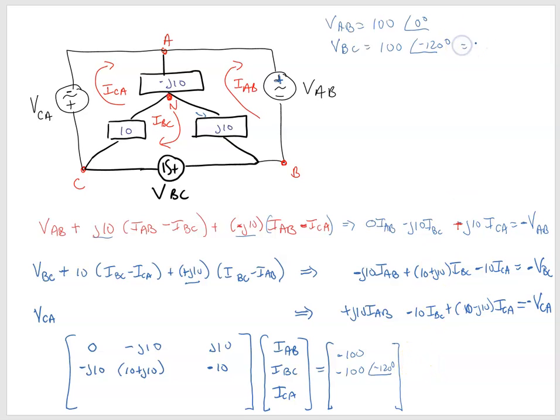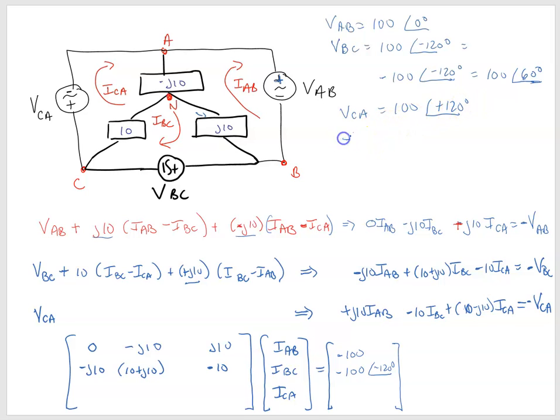So negative 100 angle negative 120 degrees, if we add 180, that's 100 angle 60 degrees. We could do it either way in the calculator, but this is the more appropriate way to write that. And then let's just write up here again our VCA. That's going to be our 100 angle negative 240 or positive 120 degrees.